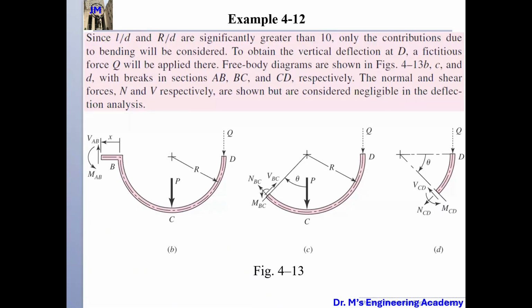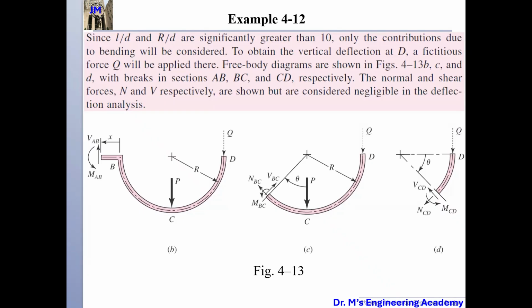And then I can write MAB equals P multiplied by its effective arm, from the point at which it is applied to this point x, which equals x plus the radius R.